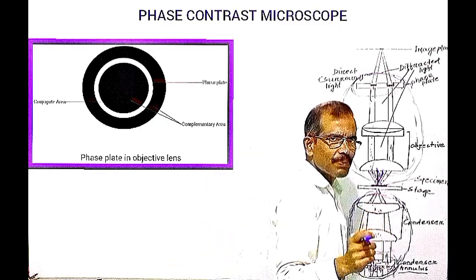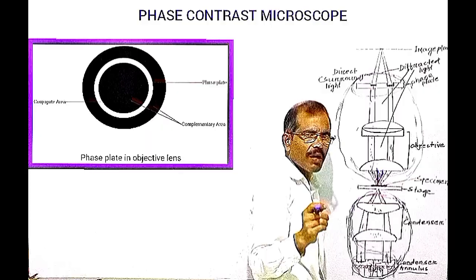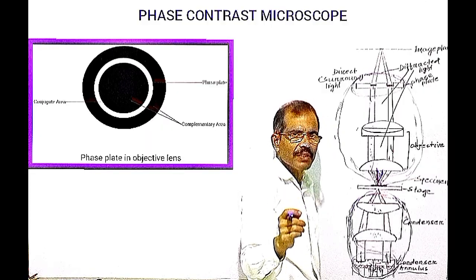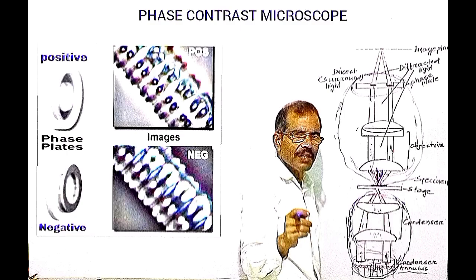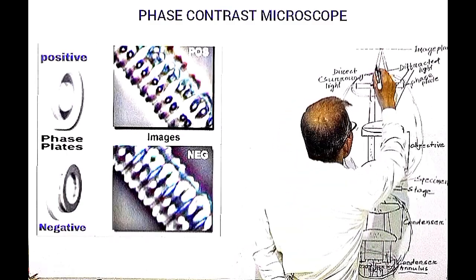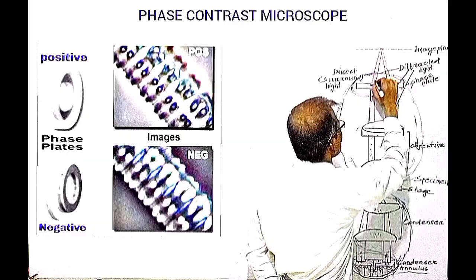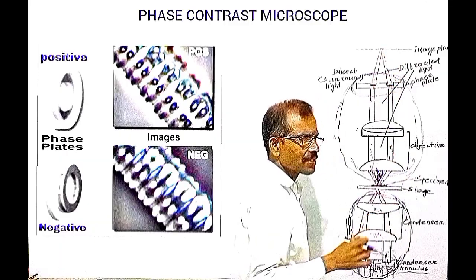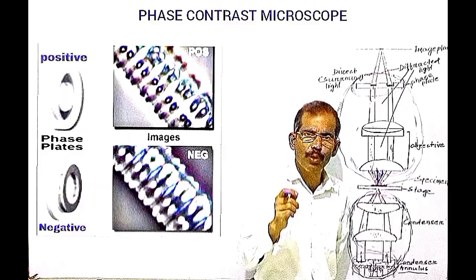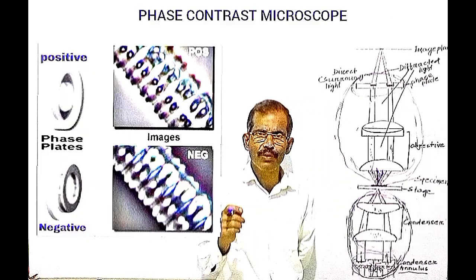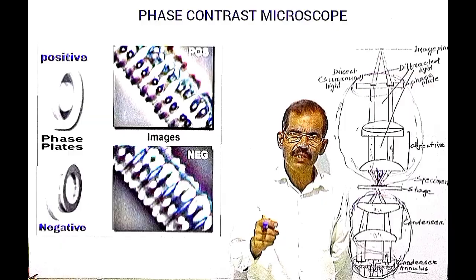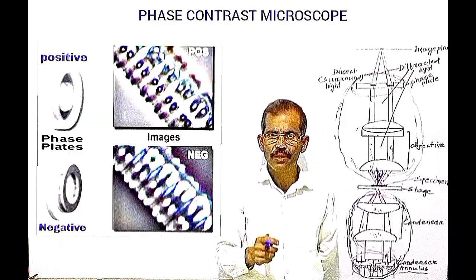There are two types of phase plates. Number one, positive or dark contrast phase plate, which has a thinner circular ring that selectively advances the surrounding light by 90 degrees. Such a phase plate produces positive phase contrast in which the specimen appears dark against a bright background.